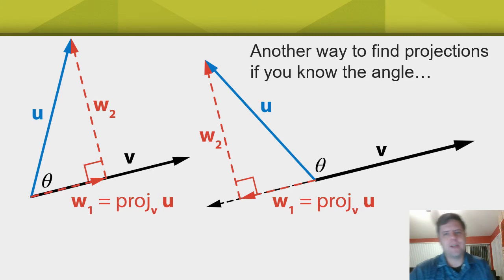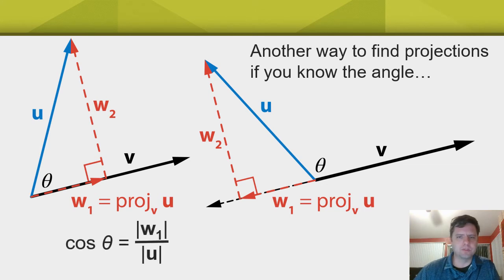So another way to find projections is if you know the angle. And these happen probably more often than the previous case, especially in physics. So these are also important to know. But if you know the angle theta, then we can just make use of trigonometric identities and functions to get to the projections of each of these things.